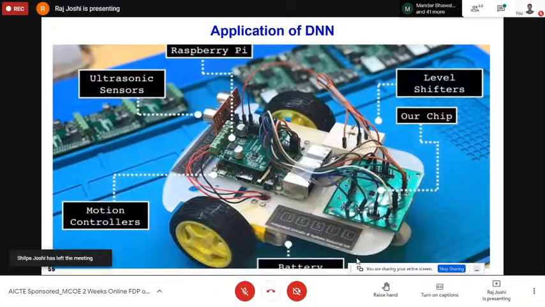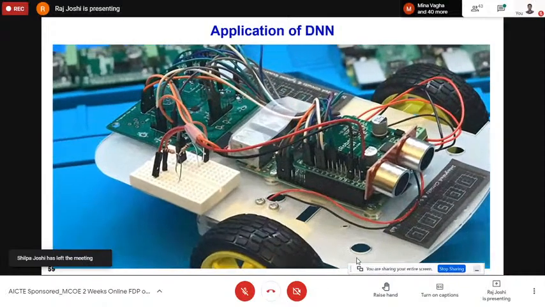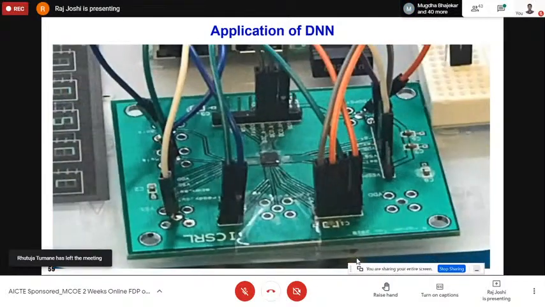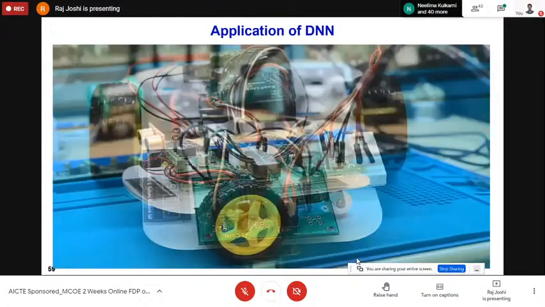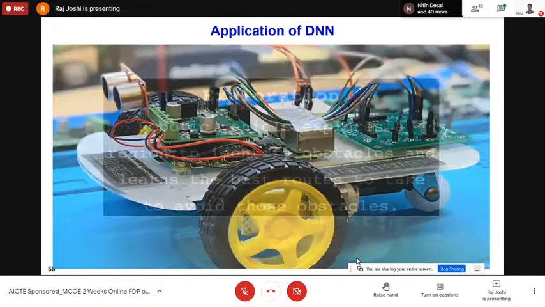It's basically an autonomous vehicle which is trained using reinforcement learning. How does it tackle the obstacles?